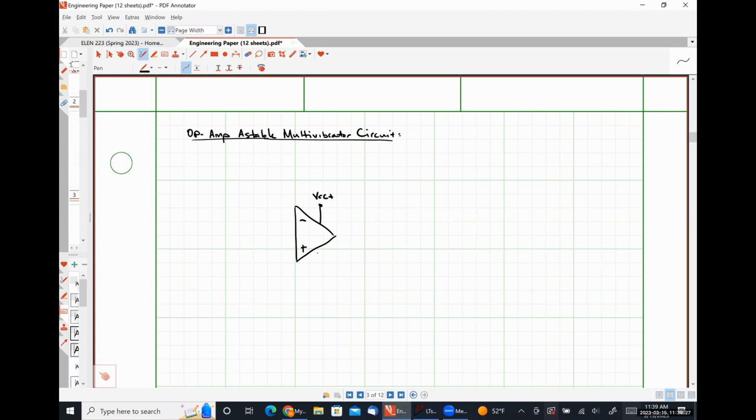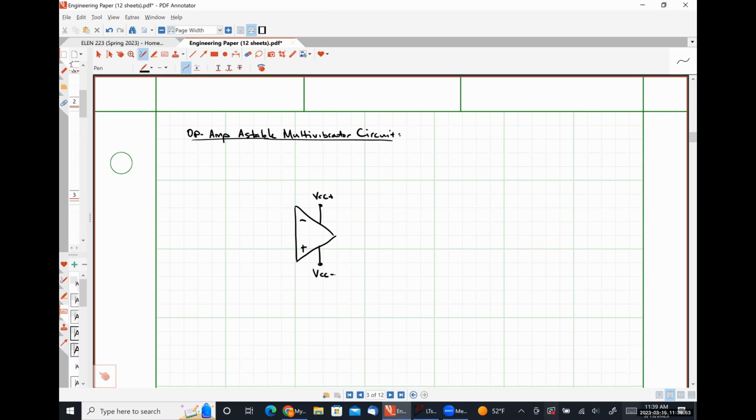Yes, ma'am. It doesn't really matter which side you're using. So for a physical op amp, there is a very specific pin that you're supposed to apply VCC plus to and VCC minus to.